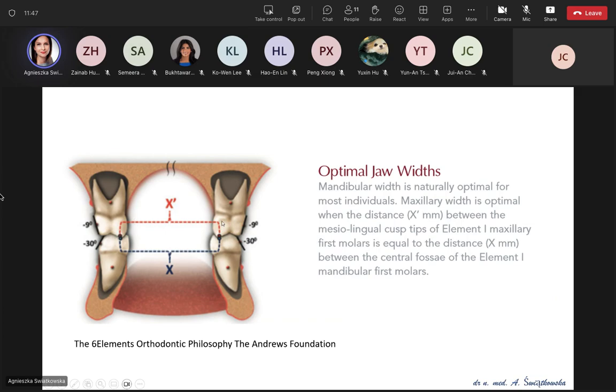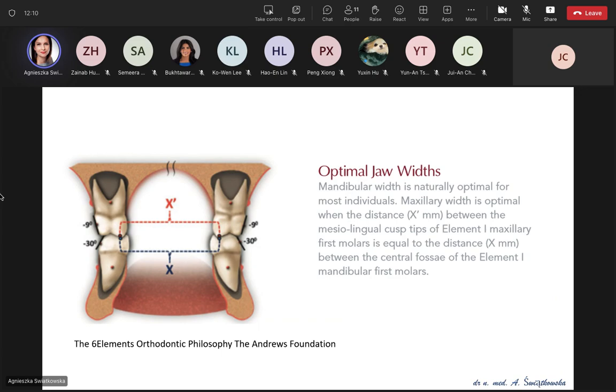Here we can also measure different points, but during our labs, you studied that we measure these points from this part to this part in the upper arch and from the distal cusp of the lower first molar on one side to the other side.